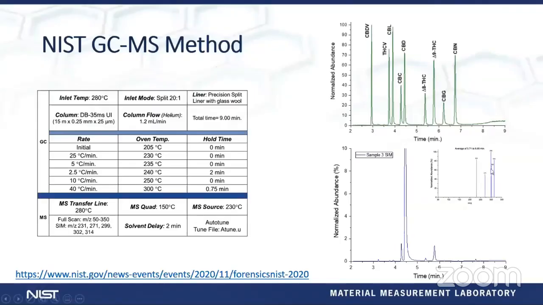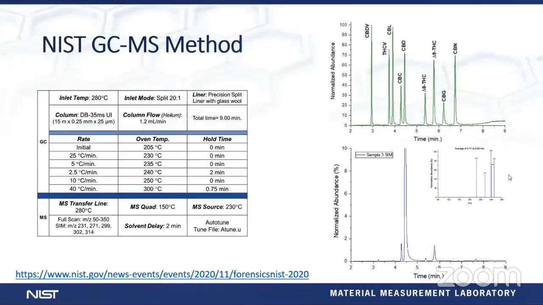It's 299, and then we have 3 other peaks showing up that are used as qualifier ions for the identification of THC in your run. So essentially what you're able to do is get much improved limits of detection or limits of quantitation, while also still getting the confirmation from your mass spectra.